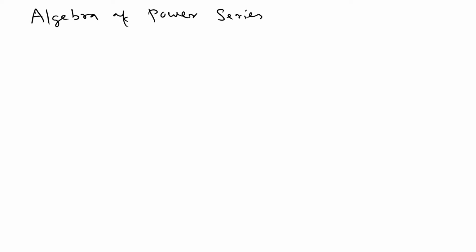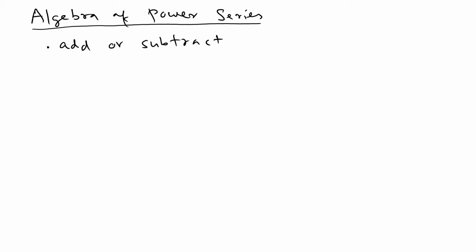We learned before that you can add two series, or you can subtract, and then also you can multiply, and also divide. Be careful when you divide. You can even do long division for that.